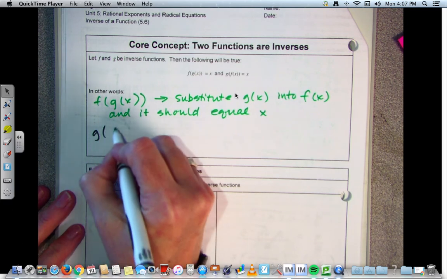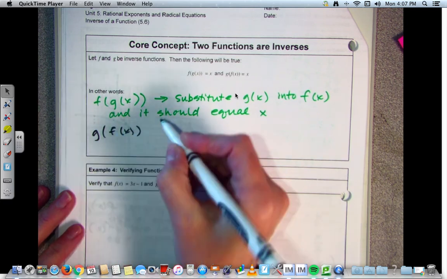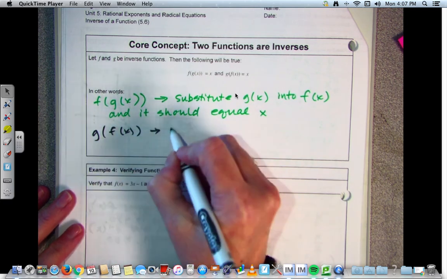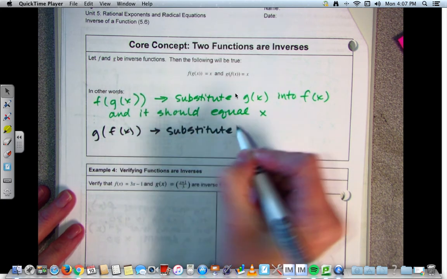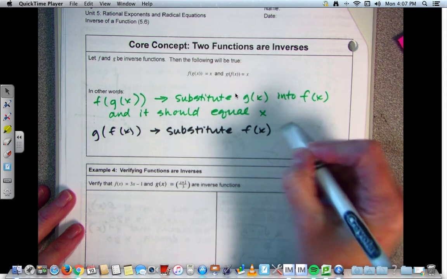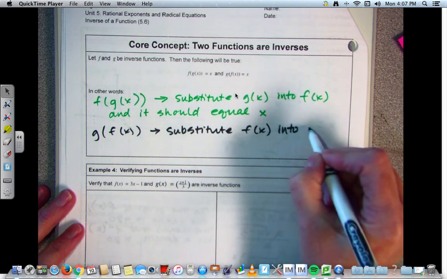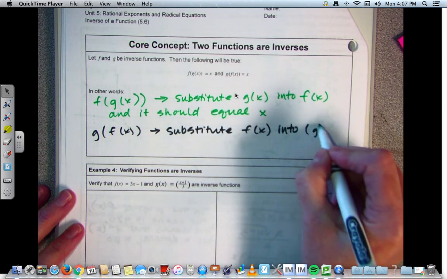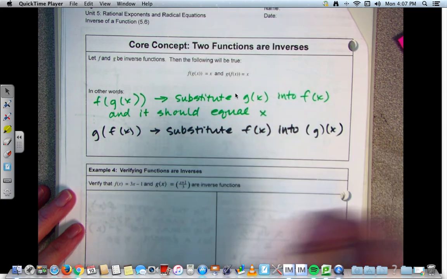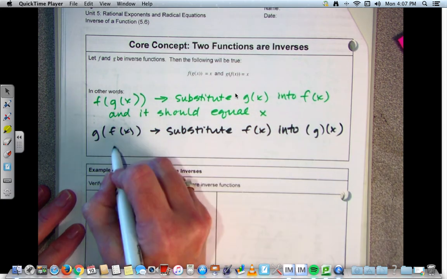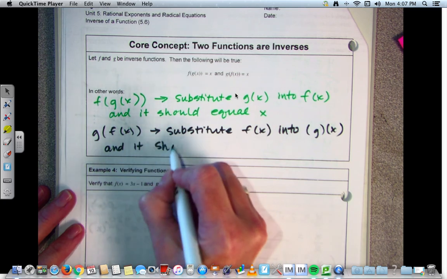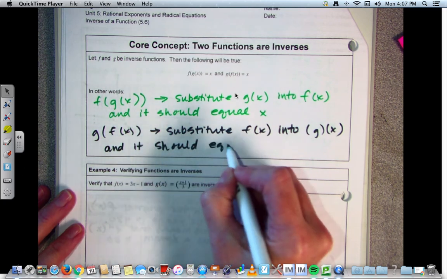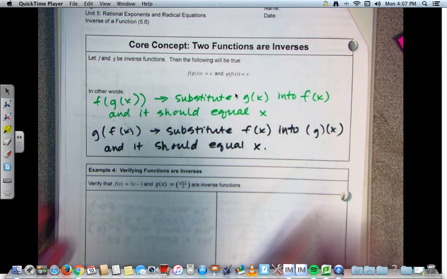G of f of x, we substitute f of x into g of x, and it should also equal x.